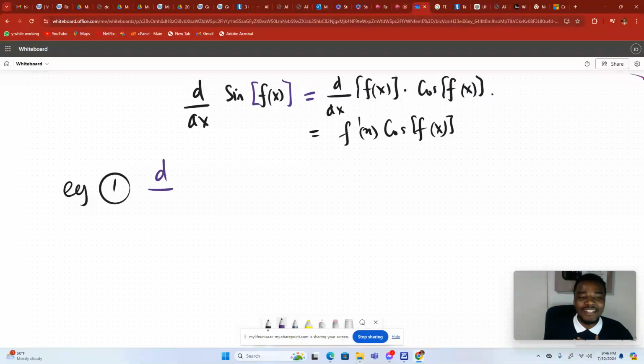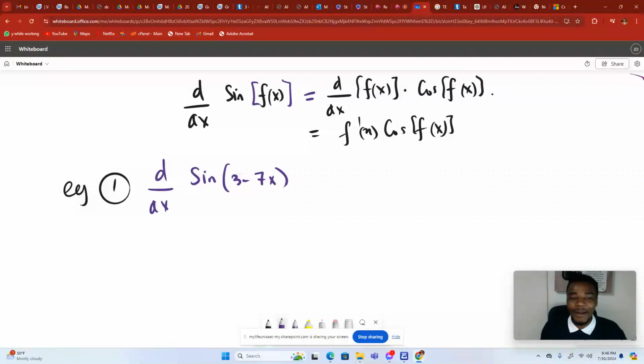What if we want to find the derivative of sine of 3 minus 7x? For us to find this derivative, the very first thing we need to do is find the derivative of 3 minus 7x. Using the rule, remember the derivative of x to the power of n gives us n x to the power of n minus 1.